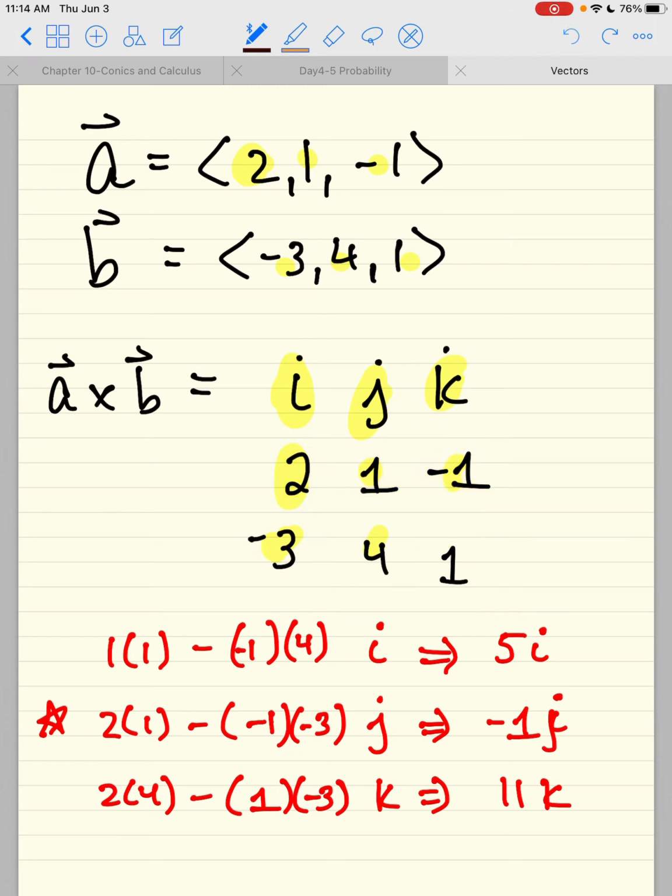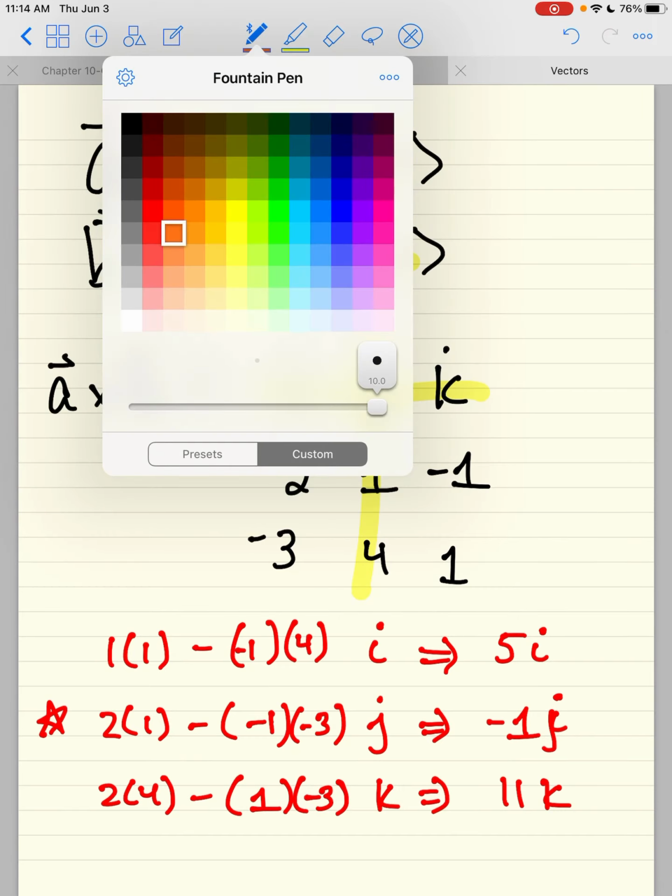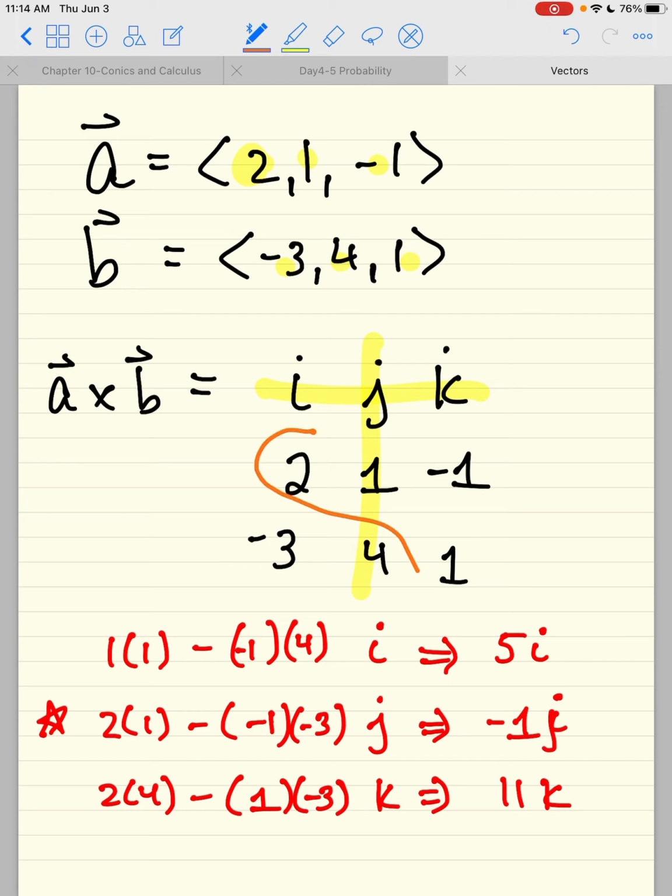And now for this one, I'm going to now block the J. So block the J. What's left over? This times this minus this times this. But remember to negate the second one. Okay?